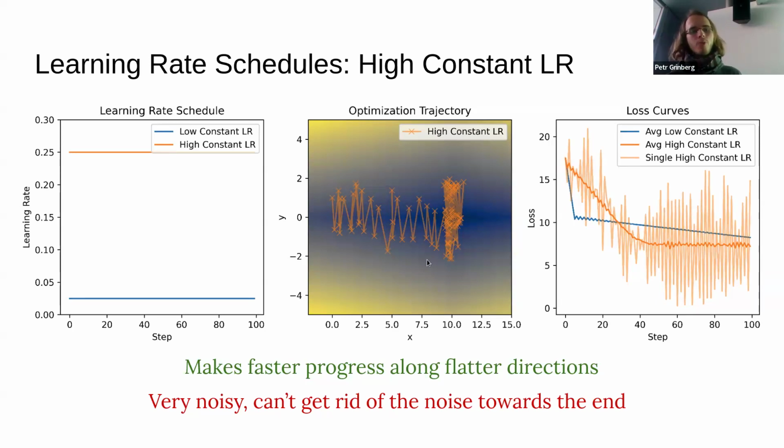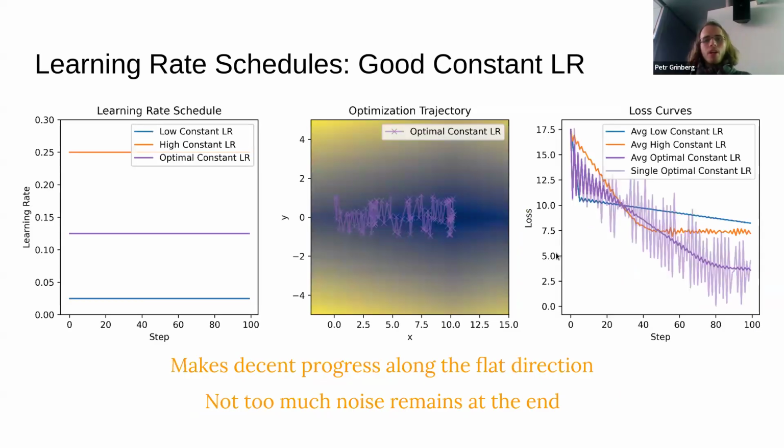So it is very noisy, and towards the end it is not possible to get rid of this noise, and you won't be able to achieve better performance with this high constant learning rate. So a good constant learning rate is something in between. It allows you to make progress fast, and also there is not so much noise closer to the end, and you can actually achieve some reasonable performance.